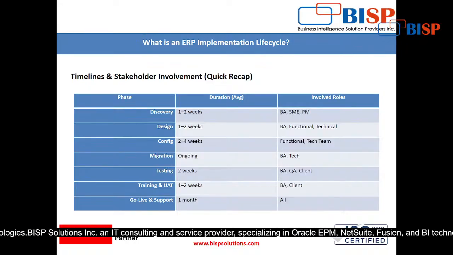Here it is shown as 1 or 2 weeks, but it is not actually 1 or 2 weeks. It takes at least 1 or 2 months, or a complete 1 month, because there are so many stakeholders. The company implementing NetSuite definitely has a very high turnover.